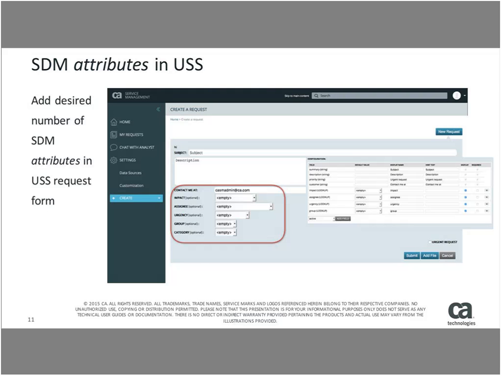Now administrators can go in USS configuration and bump up the number of attributes that can be configured for the request form, and thereon the configuration of SDM data source would allow administrators to configure a number of attributes much more than allowed earlier, and to a desired number that admins would configure, and ultimately those attributes will be visible on the request form.